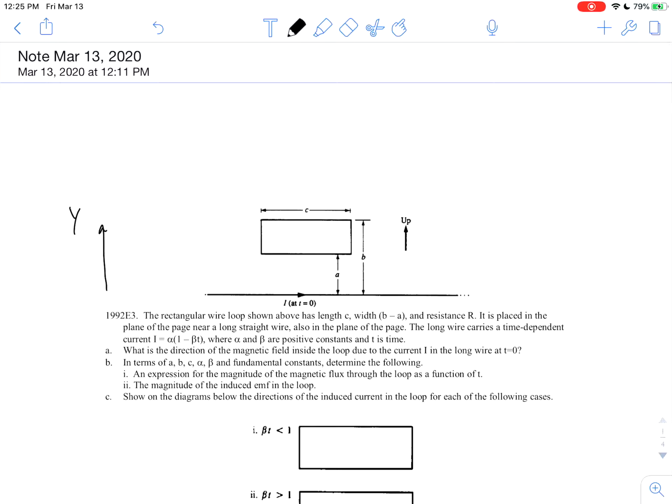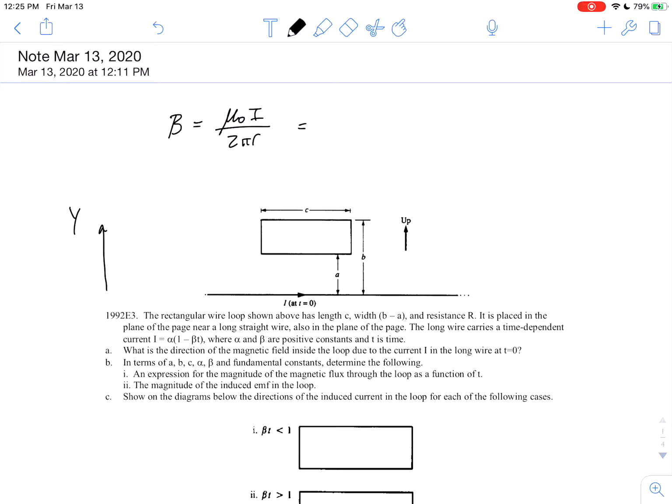And the B field caused by a long current carrying wire looks like this. B is mu naught I over 2 pi r. I recommend that you memorize this equation, but if you didn't, you could always apply Ampere's law to get that. A couple of things here change.